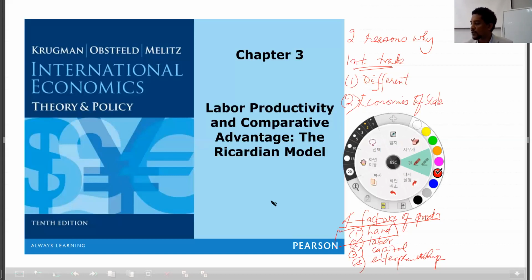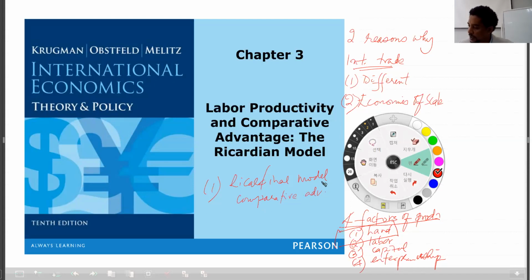So we'll be talking in this chapter about the Ricardian model and what comparative advantage is. I want you to focus on this. That is one major objective of this chapter.